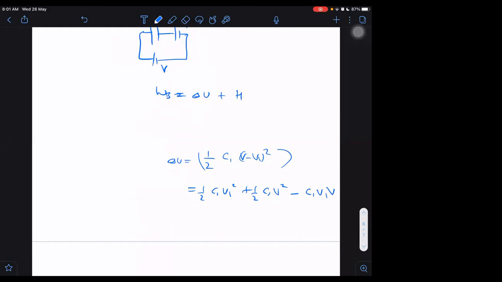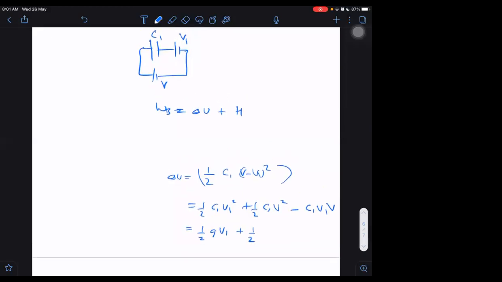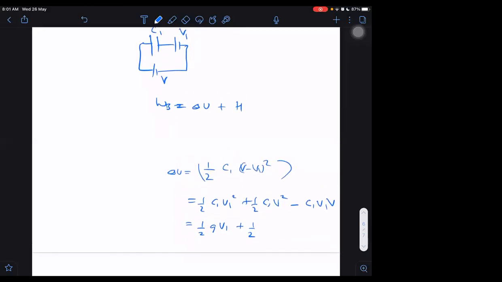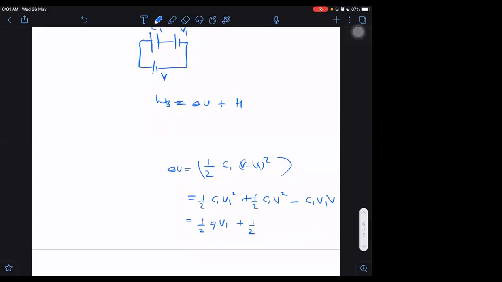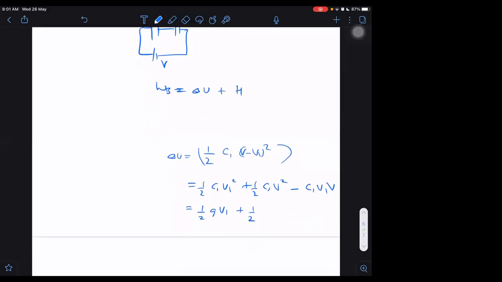What is C1 into V? C1 into V is the charge supplied here, half of Q into V1 plus half of second term is C1 into V square. What is C1 into V square? What could I write? This C1 into V1 is not Q1. That is not that.